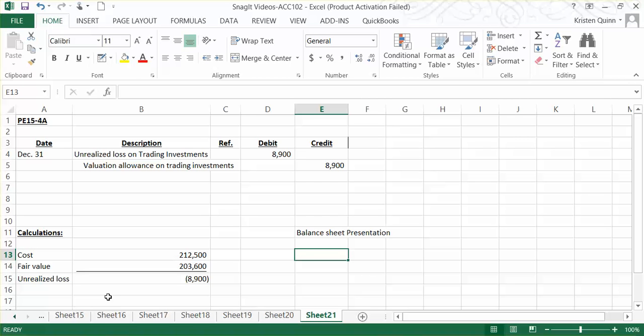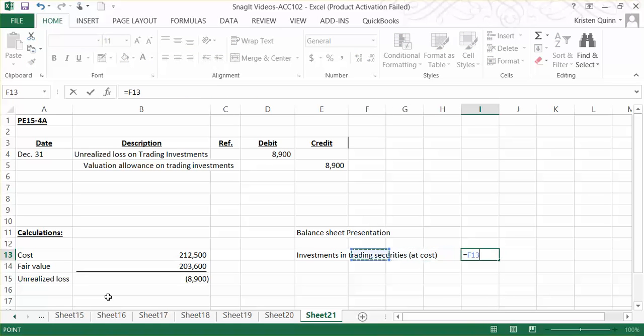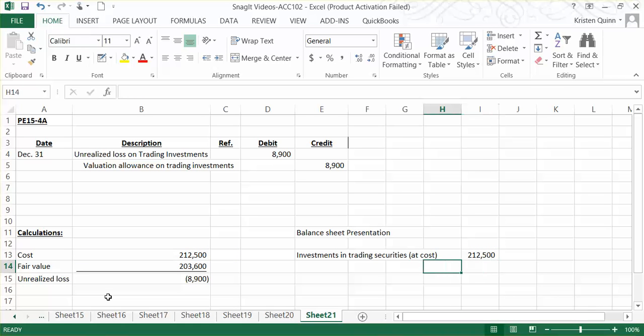Again, if we're looking at our balance sheet presentation, how we would present this is that we'd have our investments in trading securities at cost, which again we know we had spent $212,500.